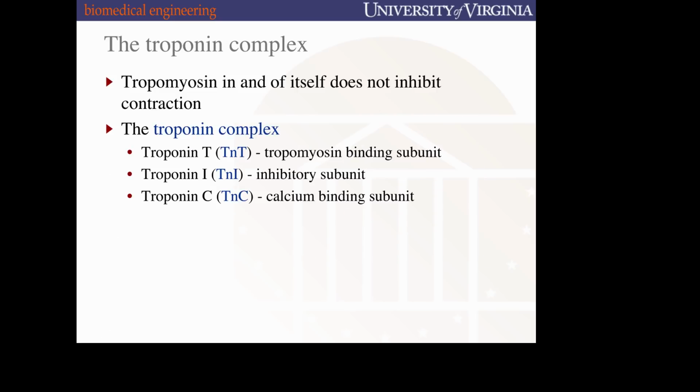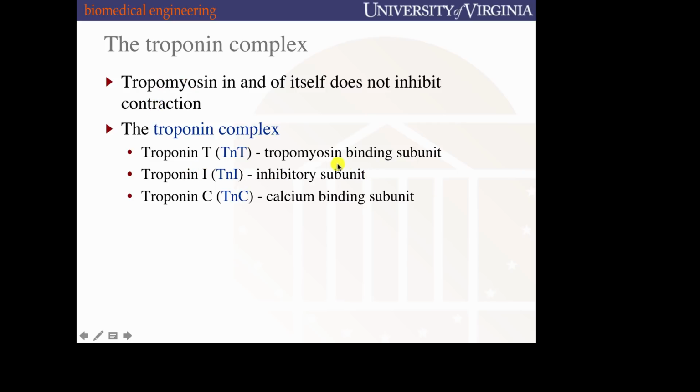So let's dig into the tropomyosin complex. Tropomyosin, in and of itself, does not inhibit contraction. What it's doing is it's inhibiting the ability of myosin to bind to actin. Okay? All right. So the troponin complex, again, is those 3 proteins, TNT, TNI, and TNC, or troponin T, troponin I, and troponin C. Troponin T is the tropomyosin binding unit. Okay, so this is going to bind to tropomyosin.